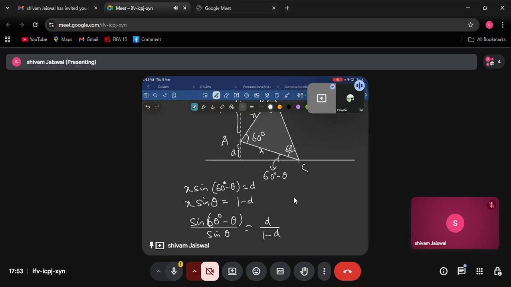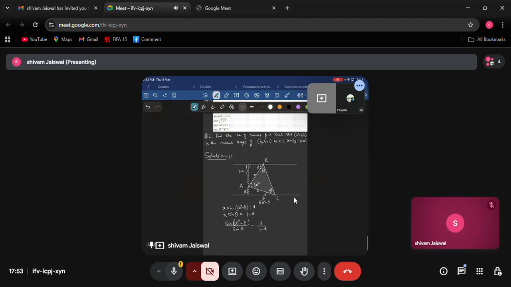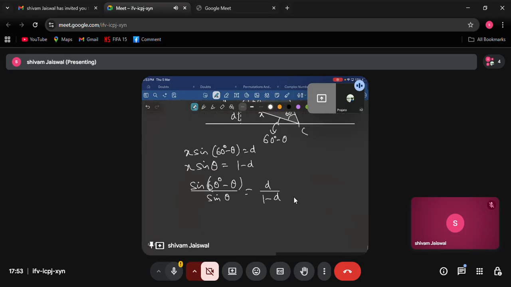So what is sin 60 degree? Sin 60 degree is equal to root 3 by 2.